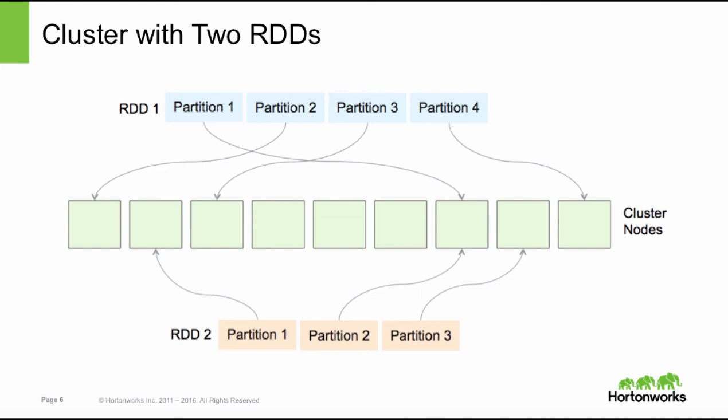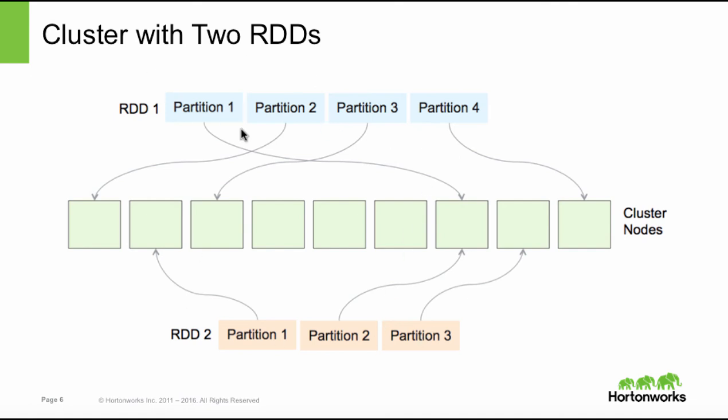So we talked about this notion of an RDD earlier. As a promise, we're not going to go into a code level description of that, but I want to give you a visual to see if it could make some sense. So across the center, what we're trying to visualize is that we have a bunch of cluster nodes in our Hadoop cluster, and we have these two large data sets, data set 1 and data set 2, and they happen to be broken down into 4 and 3 partitions.